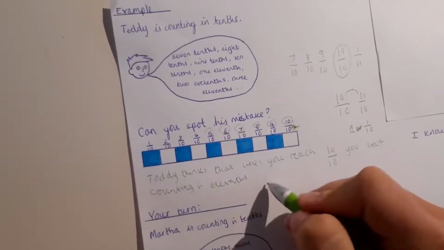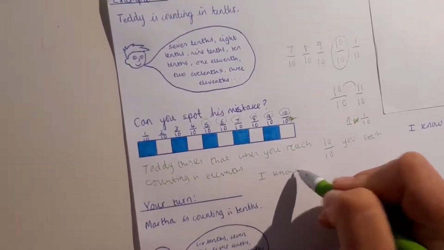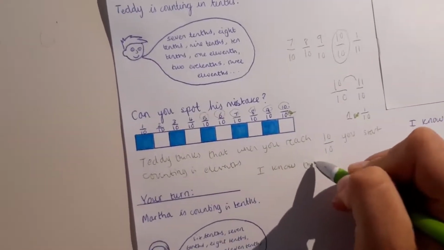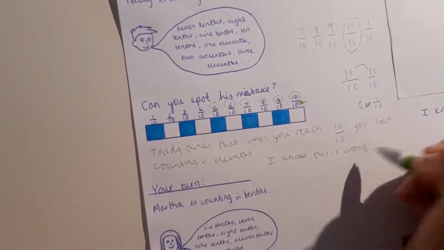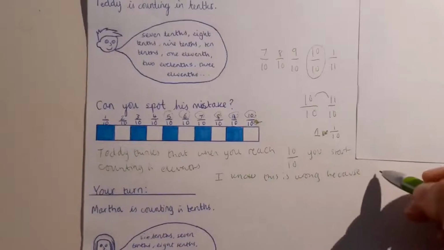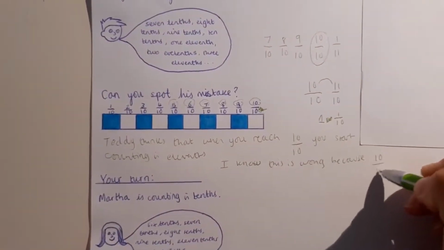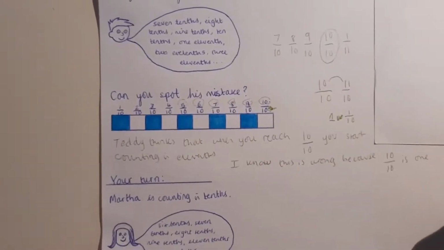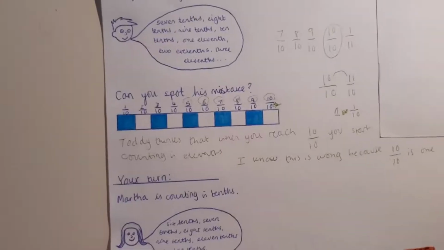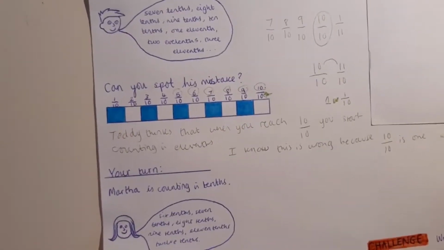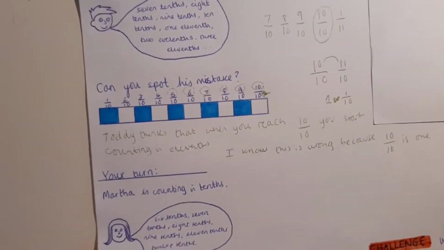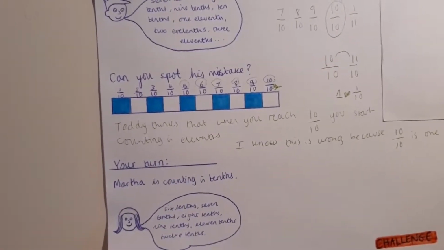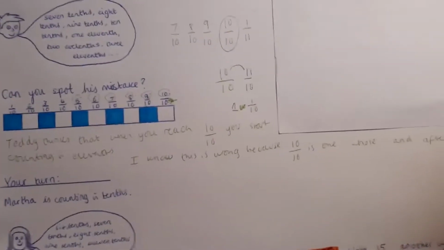Then we can say, I know this is wrong because 10 tenths is 1 whole and after is 11 tenths. It's 11 tenths. There we are.